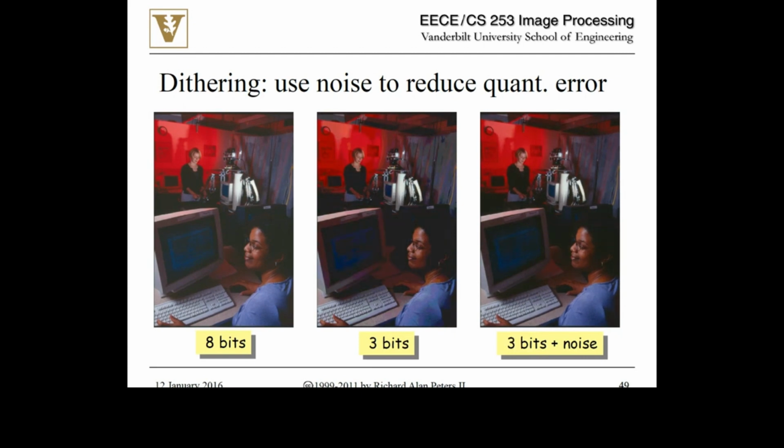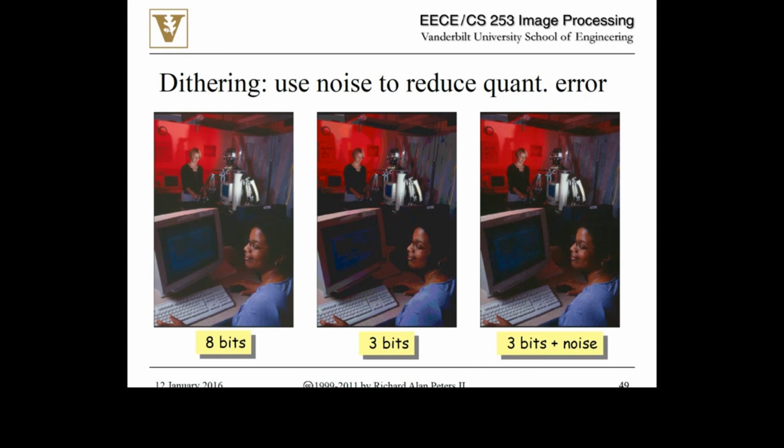And you see that, for instance, here in the shoulder, there are artifactual regions, flat areas that come from the fact that all these colors are more or less the same, and so they are represented with the same kind of flat area. But if you introduce noise, every pixel here will be a little bit different from the nearby pixels, and now each one will get a different quantization. So here we are using 3 bits to quantize.